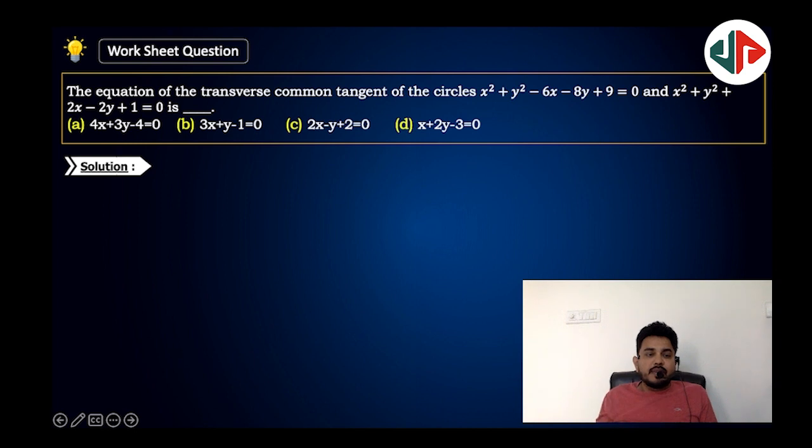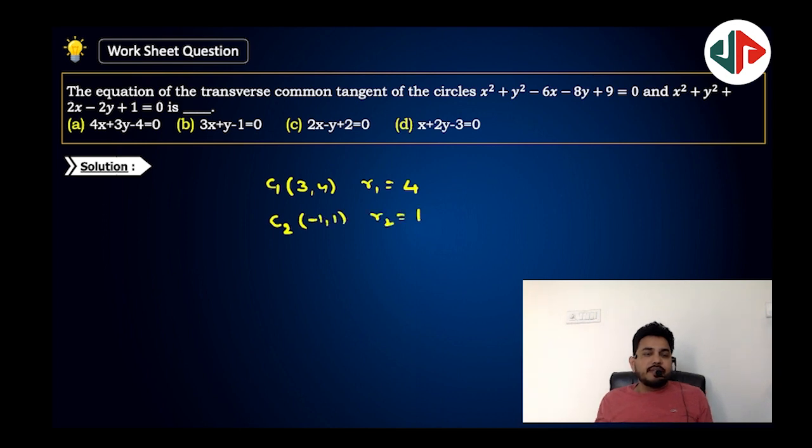I'm repeating this question. See, the center C1 is 3 comma 4, R1 is equal to radius is 4 units. C2 is minus 1 comma 1, radius is 1 unit. Okay.